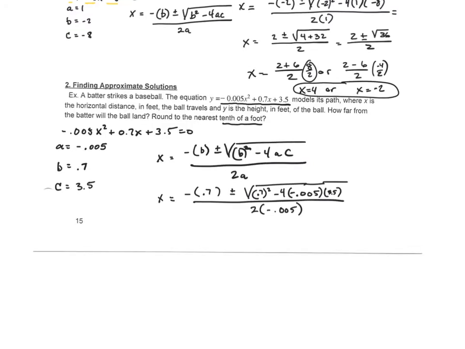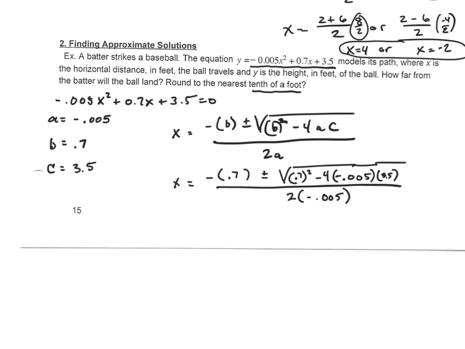And let's see here. Let me make sure I got that right. Negative b is going to be 0.7 plus or minus the square root of b squared minus 4 times a times c, all over 2a. Looks right. So do some simplifying here. I have negative 0.7 plus or minus the square root of 0.49 minus, I'm going to get a calculator out for that.